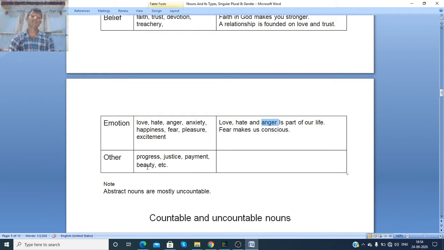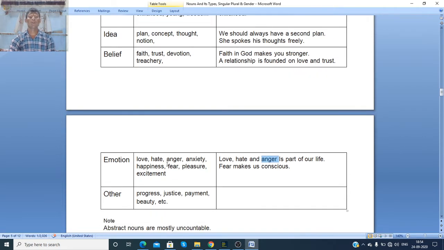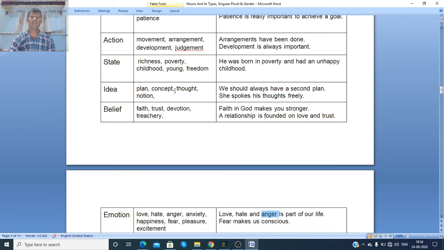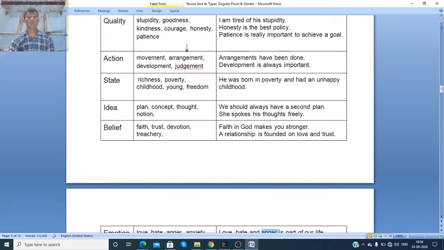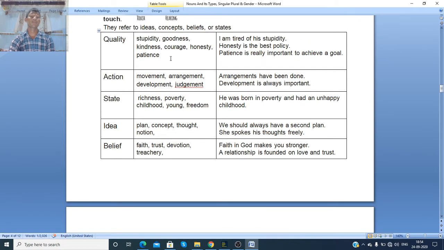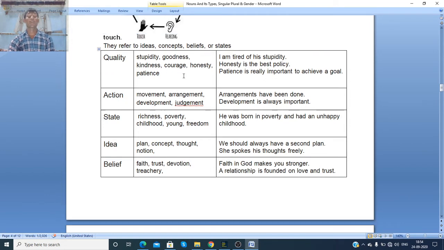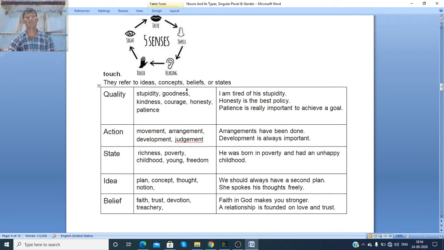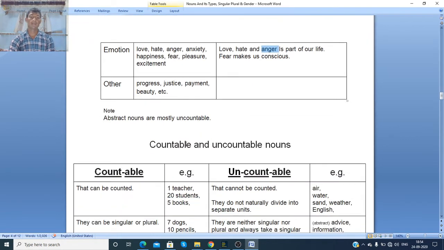Some other examples are progress, justice, payment, and beauty. These are abstract nouns that we can't see, taste, smell, hear, and touch.